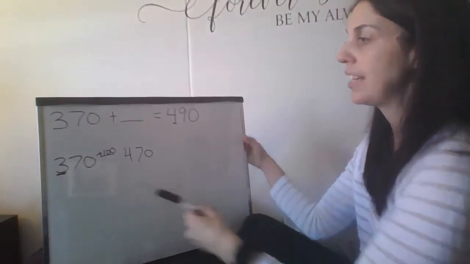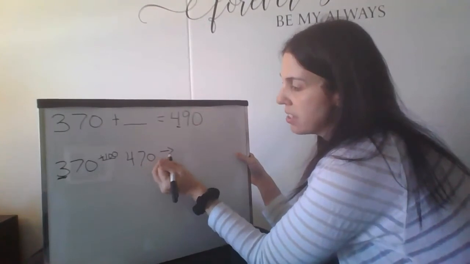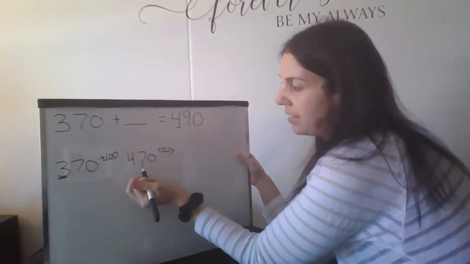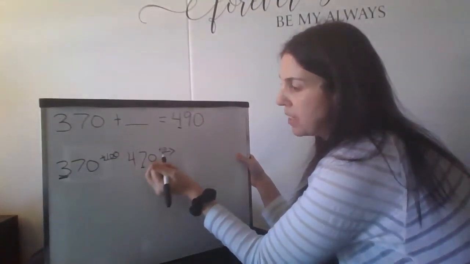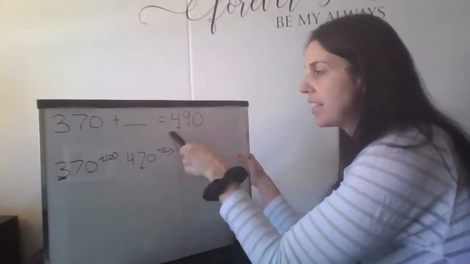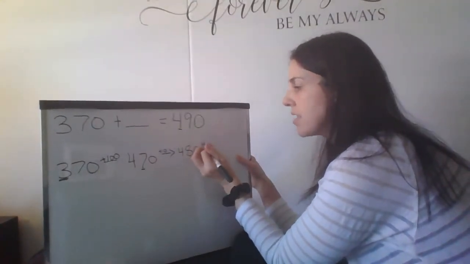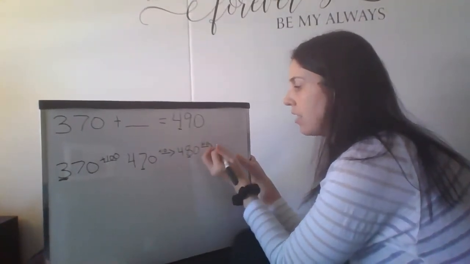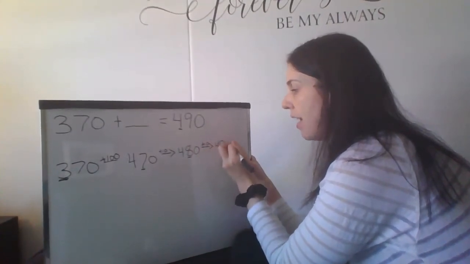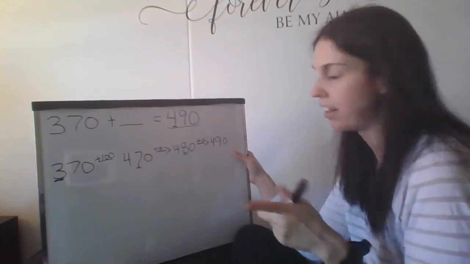Okay, I'm trying to get up to 490. So now I'm going to count by tens. Plus 10, and 470 plus 10 will be 480. Did I get to 490? Not yet. I'm going to do another plus 10, 490. Did I get to 490? Ding, ding, ding. I got there.